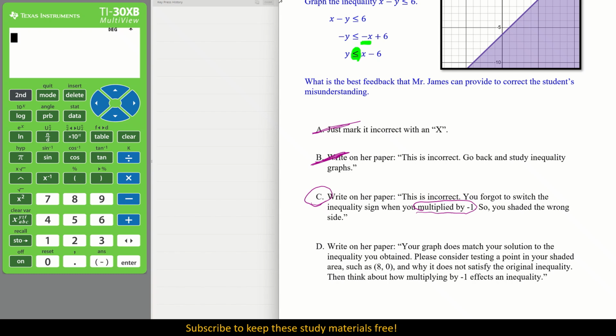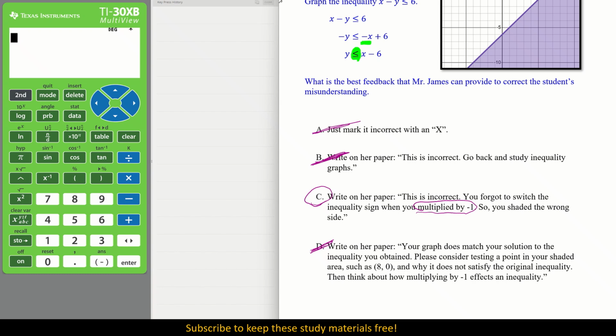Write on her paper, "Your graph does not match your solution to the inequality you obtain." Actually, it does match. So if you choose that, you are showing that you don't know what you're doing as an educator. Okay, let me see what else it says. "Please consider testing your point in your shaded area, such as (8, 0)." If I was going to test my shaded region, I would have done it differently.